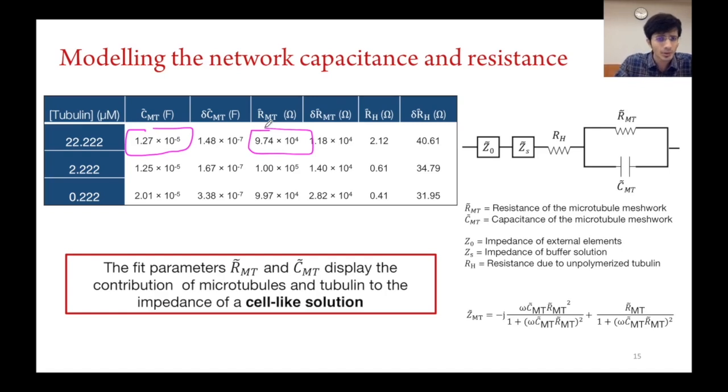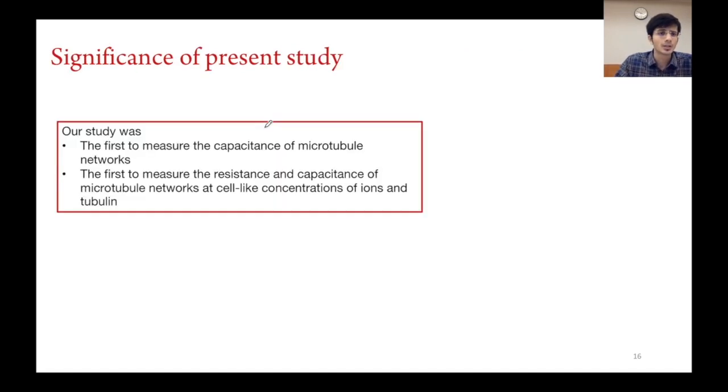This is an important result because we were the first people to measure the capacitance of microtubule networks, and the first to do so within intracellularly relevant conditions. Because of these reasons, we were lucky enough to get our data published earlier this year in the journal Nanomaterials.